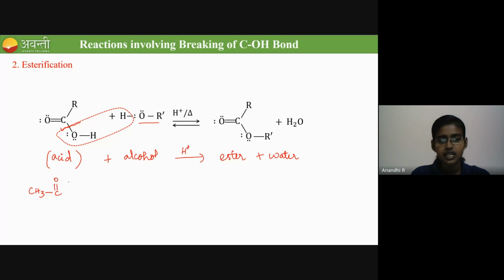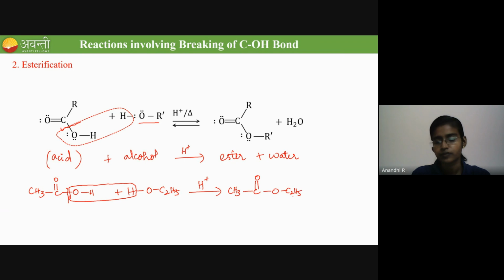If I take CH3COOH as the carboxylic acid, and C2H5OH, that is ethanol as the alcohol, in presence of acid, the CO bond cleaves, and with the removal of H2O, I'll get an ester of formula CH3COOC2H5. This is called ethyl ethanoate.